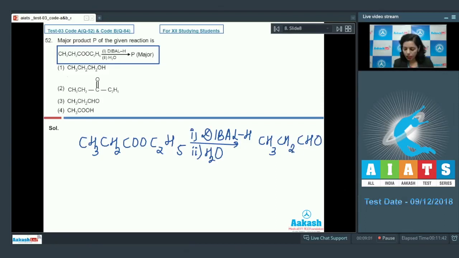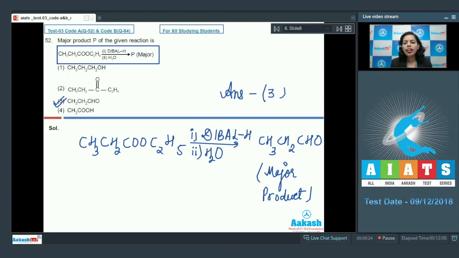That's why we can choose the aldehyde from the given options. Let's check where this aldehyde is given. This is the major product. So it's given in option 3. That's why I'm choosing this as the correct option. And after this, it's a turn for the next question.